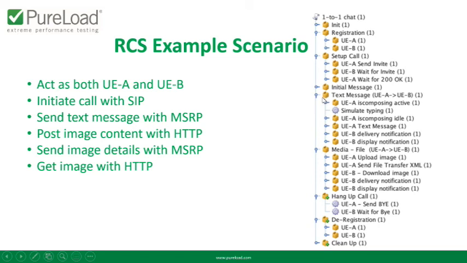Typing a message from the A side and receiving it on the B side. We can also post content, image content, for example. Here the user agent A side posts an image.